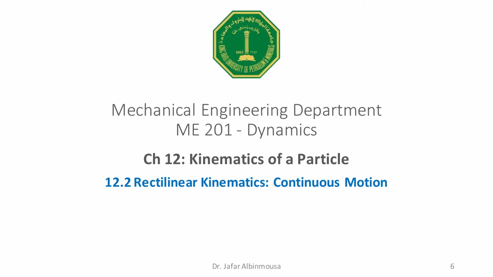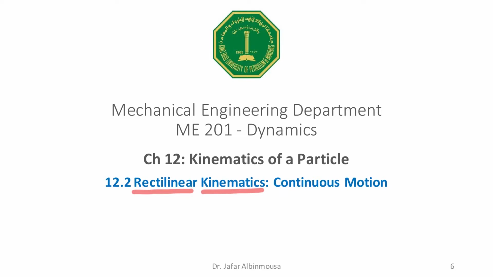Now, let's start talking about the rectilinear kinematics and continuous motion. And I just want to tell you that the key words here are rectilinear and kinematics. So, as we discussed earlier, kinematics means that we are going to deal with the geometric aspect of the motion.